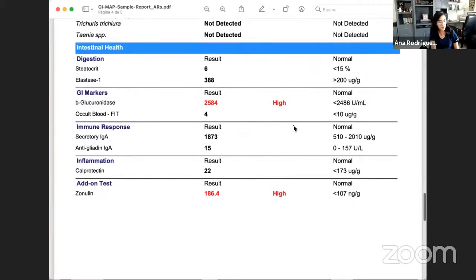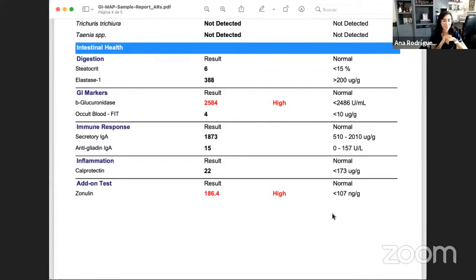Something that you mentioned previously was the Zonulin test, which is an important marker for gut permeability. Right here, we can see that the patient has gut permeability. This is, once again, one of the main differences between the GI-MAP and the Genova GI Effects.